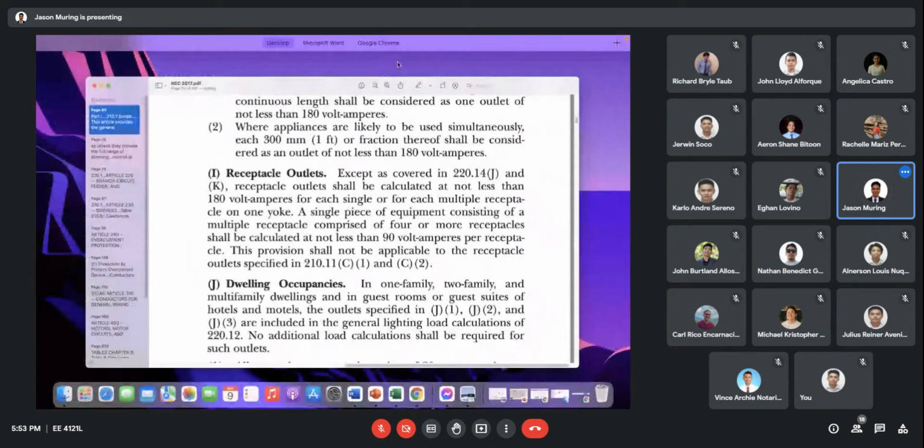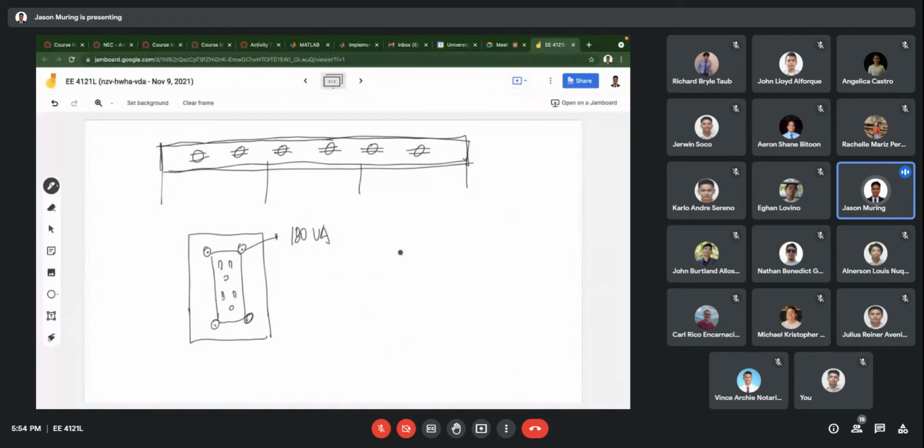Then if we still have the setup, but instead of having two gang, we have only one gang. So this is the yoke, where we connect our attachment plug.